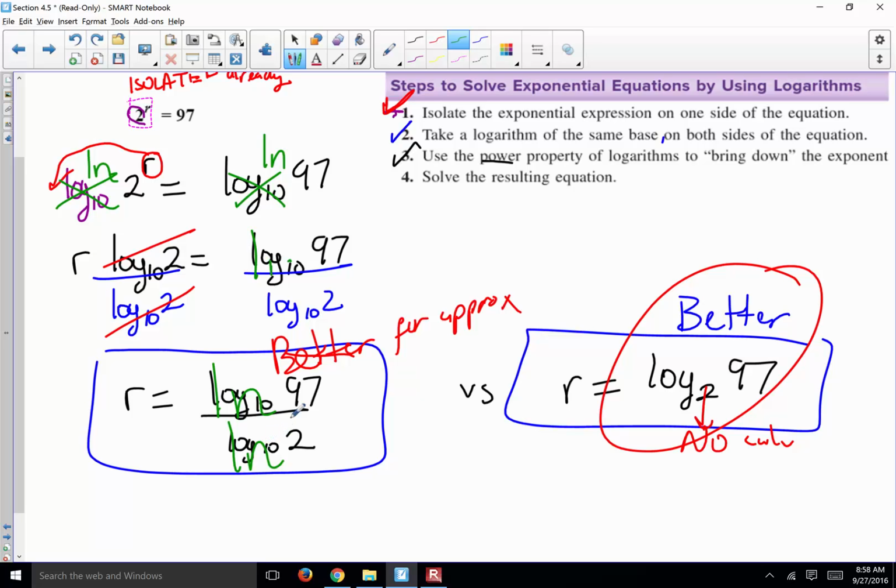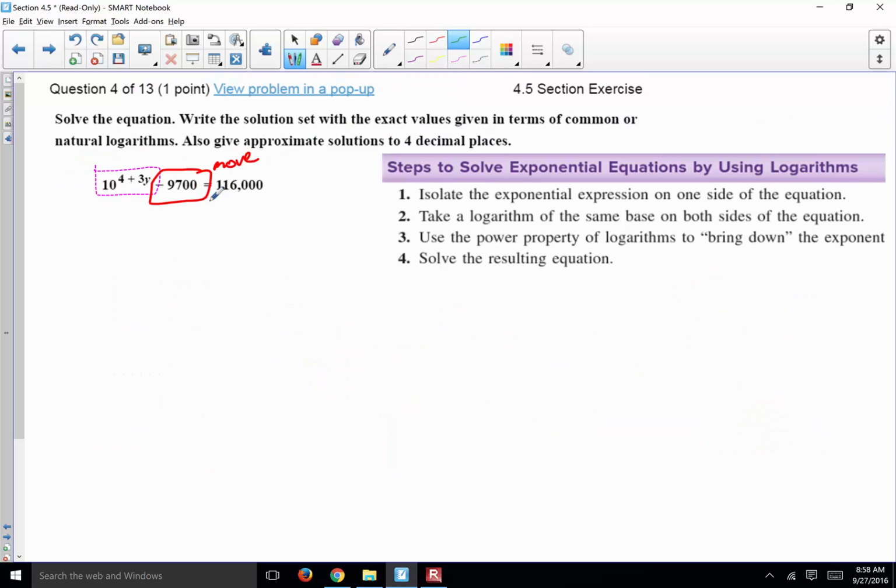So you have 3 options in step 2. You either go with the same base 2, you go with base 10, or you go with ln. You can do that in the rest of the questions as well. We will continue tomorrow.